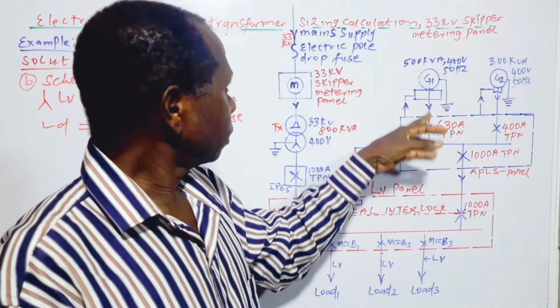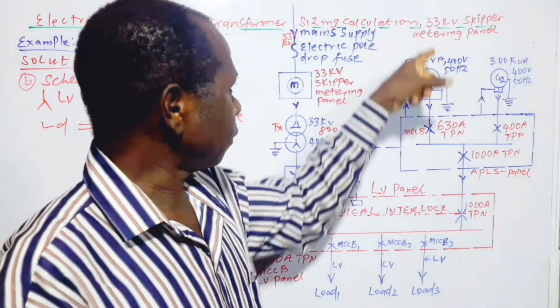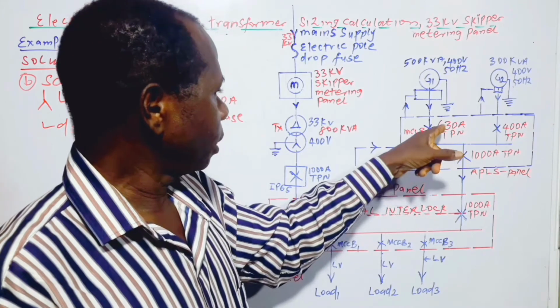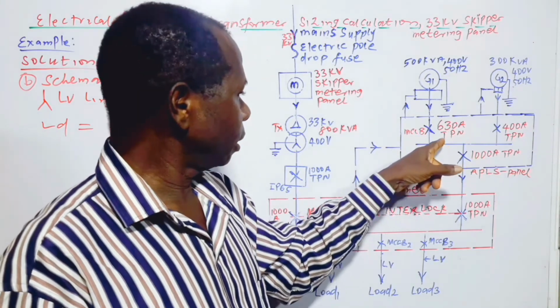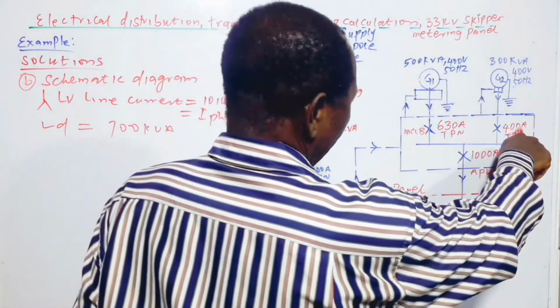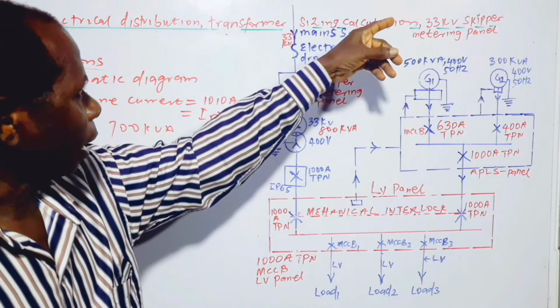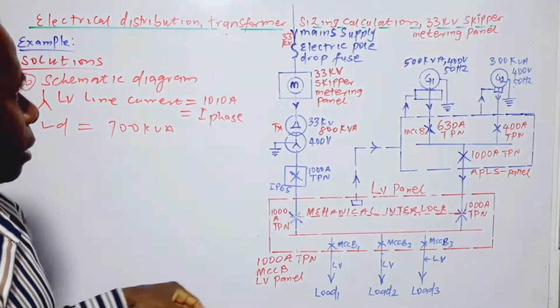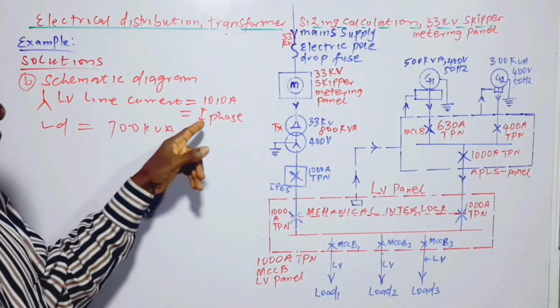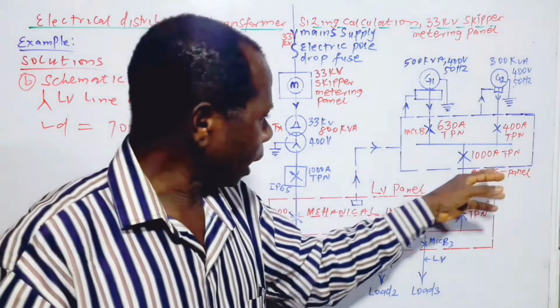This one can have a maximum current of about 721, so with 630 amp we protect it. If we add the two together, it will give us around 1030 amperes, which is slightly greater than this, so it's still in order.